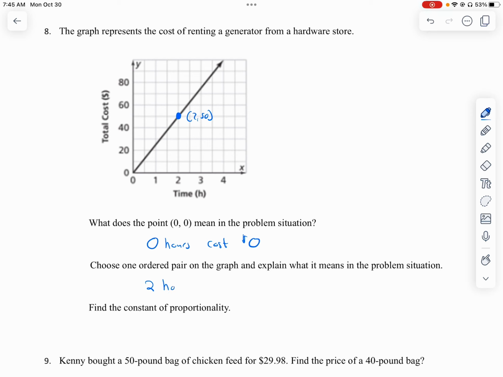So that means 2 hours, cost $50. And the constant of proportionality, since I know it's proportional because it goes through the origin in a straight line, I can pick any ordered pair and do y divided by x. 50 divided by 2 is 25. So my constant of proportionality is 25.